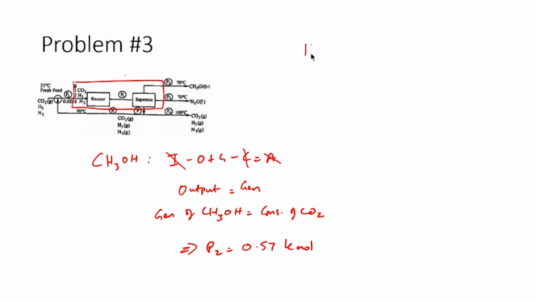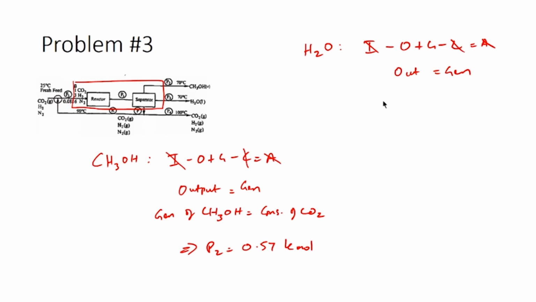Similarly, we can perform material balance for water. So, for the water, you would have input minus output plus generation minus consumption equals accumulation, getting simplified to output equals generation. This is the same logic as we used for methanol.